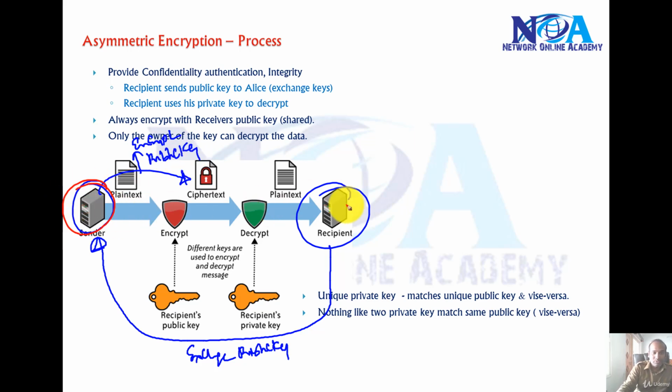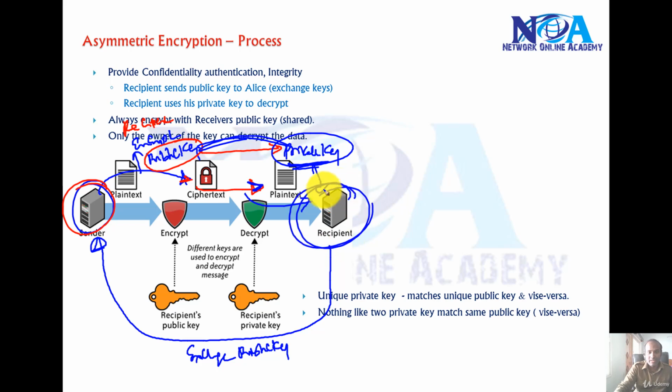So the sender will use the recipient's public key and send the ciphertext. Once the recipient receives it, he is going to use the private key, which is not shared and is known only to the recipient. This private key, which is a unique combination with the public key, converts the text back into plain text.